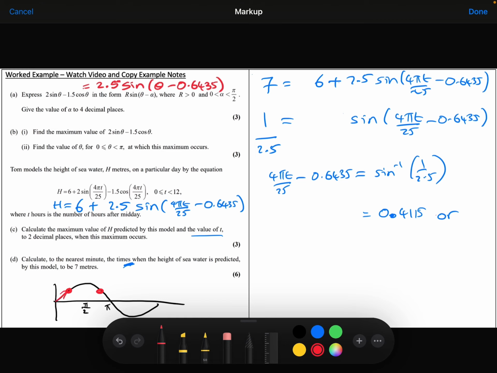That's my 0.4115. So this is going to be 0.4115. So I need to do pi take away 0.4115, which gives 2.7301. So these are my two possible solutions to this.